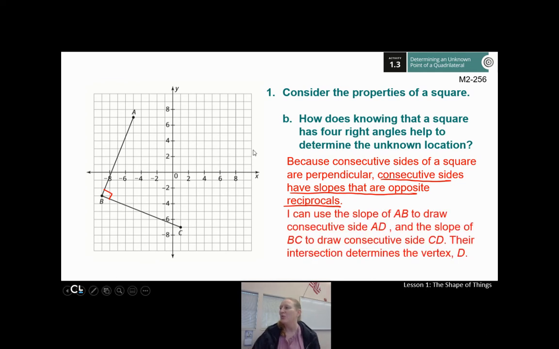Oh, so that means that we can use the slope of AB to draw the next side over for AD, right? If I know his slope, do the opposite reciprocal, that's going to be the slope for AD. Same thing over here, right? If I know the slope for BC, do the opposite reciprocal, and that will give me the slope for CD. And again, where they intersect, that's going to give me my point D.